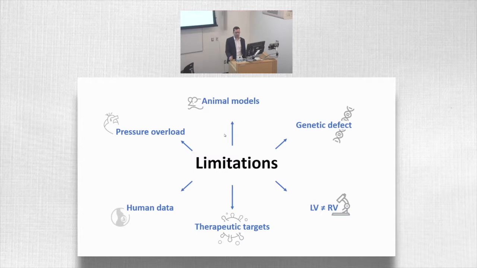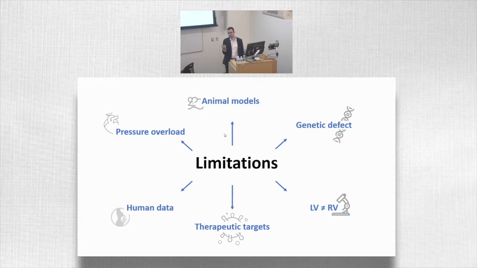First of all, pressure overload, which is commonly cited as one cause of RV failure, is not all the same. Not every pressure overload is the same kind of pressure overload. What we know from animal models, for example, is that pulmonary artery banding is pretty well tolerated by the RV, and it's pretty difficult in the long run to cause the RV to fail just by banding the pulmonary artery.